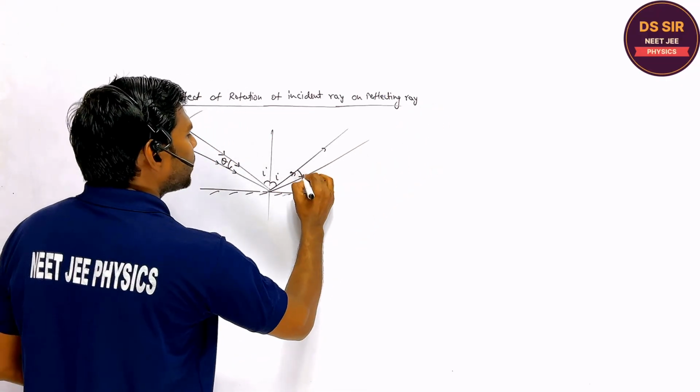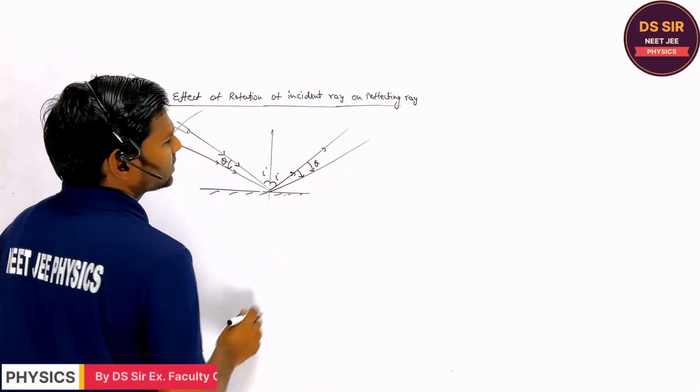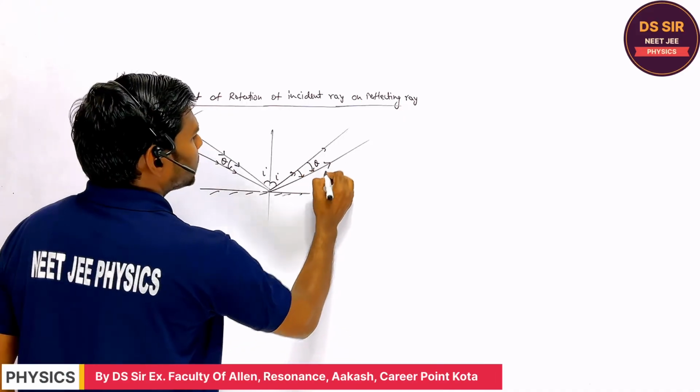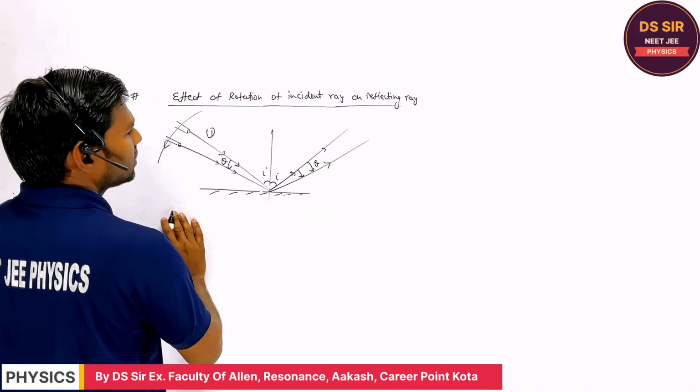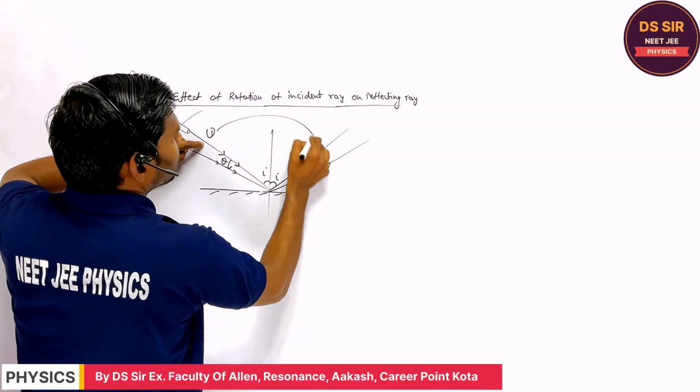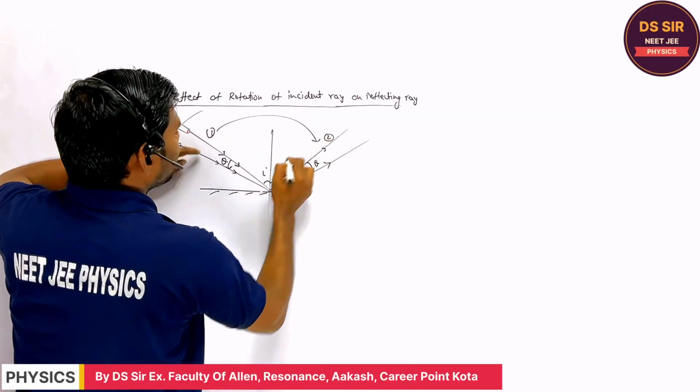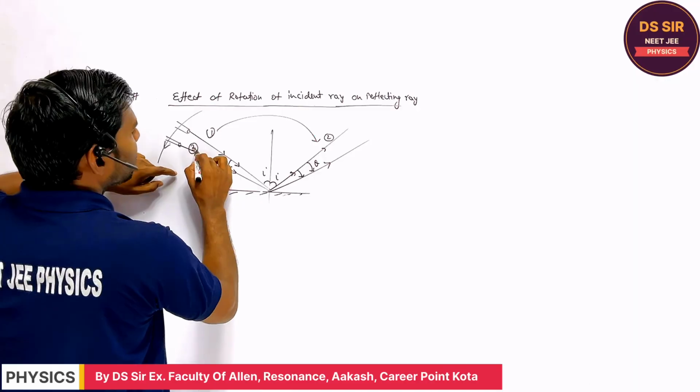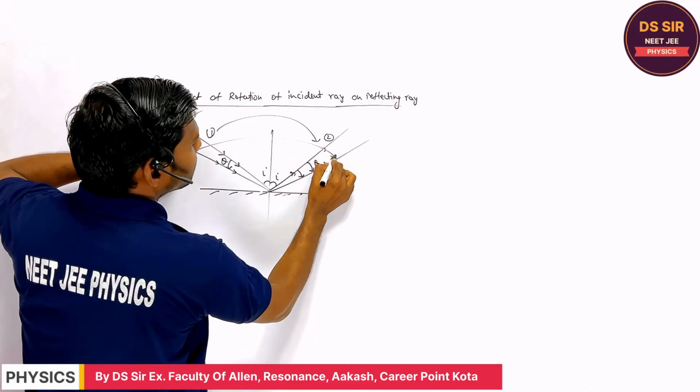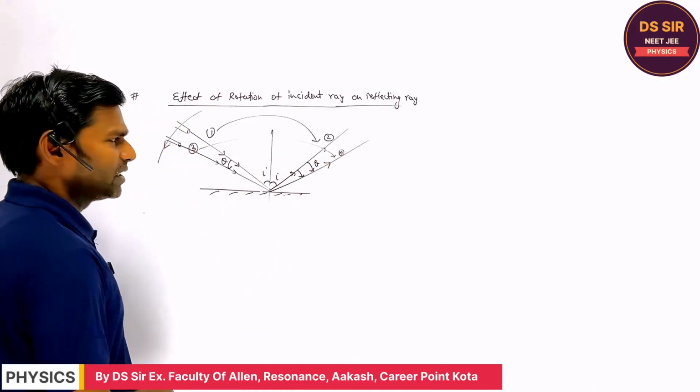So the reflected ray is also rotated by the same angle but in opposite sense. So this is the first, the second ray. For the third incident ray, this is the fourth reflected ray. Is it clear or not?